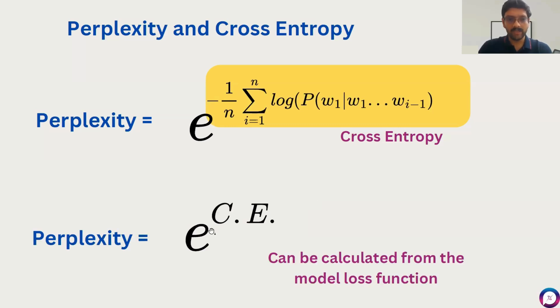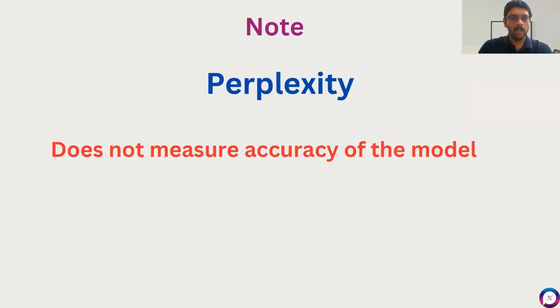So perplexity can be computed by exponentiating the cross entropy loss, which for most models, say using PyTorch or something like that, you can very quickly get for the words. And then when you exponentiate that, you can calculate the perplexity. So that has given us an understanding of what perplexity is.